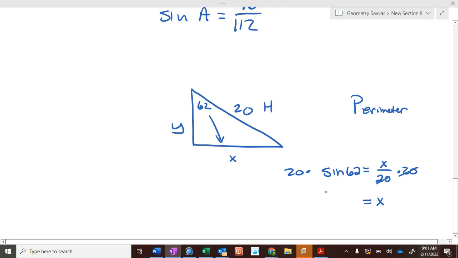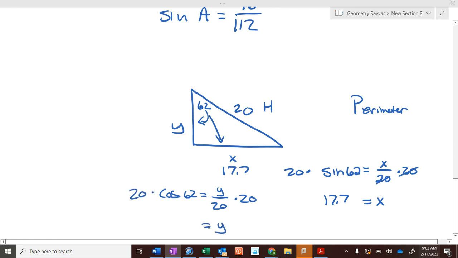Rounded to the nearest tenth. 17.7. Now we got to figure out y. Y is the adjacent side to 62, right? So then it's cosine of 62 equals y over 20. So then we multiply by 20.